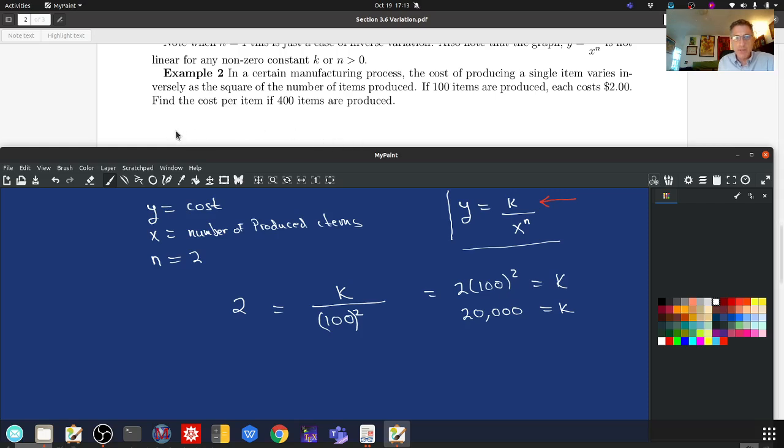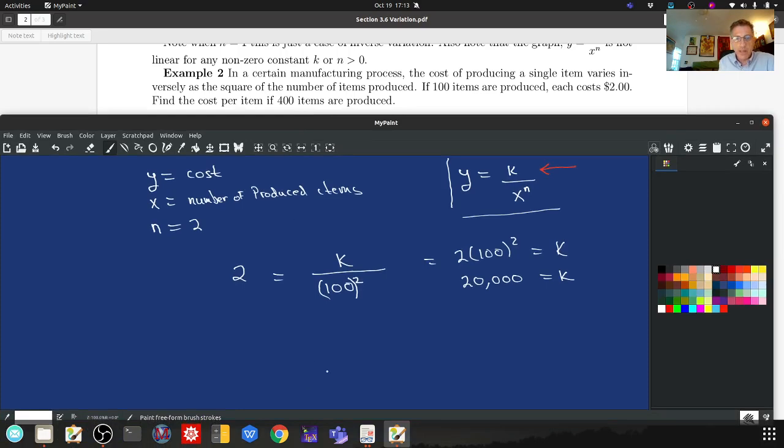Now that we've done that, it says find the cost per item. So again, we're looking for the cost per item, which is y, if 400 items are produced. So I use this formula now. y is equal to 20,000 divided by x squared.